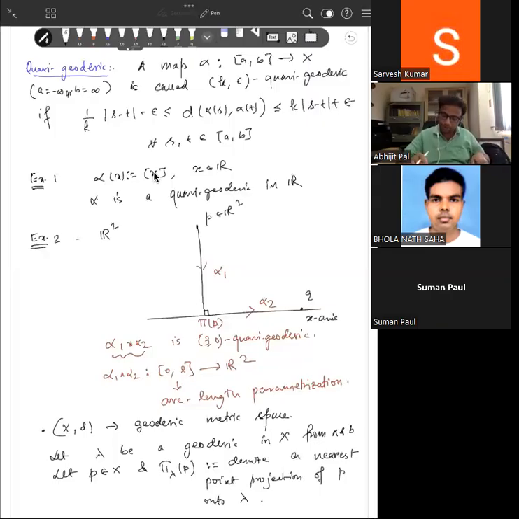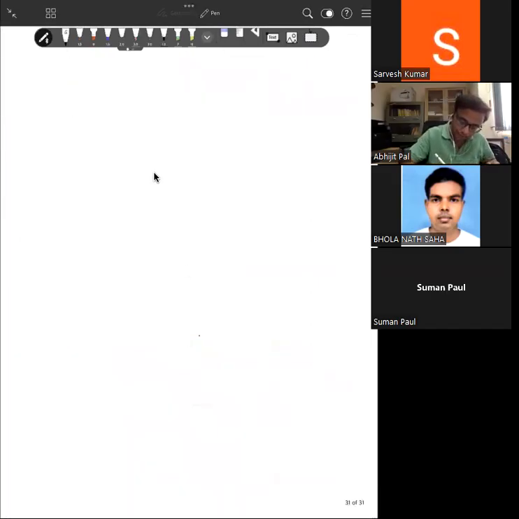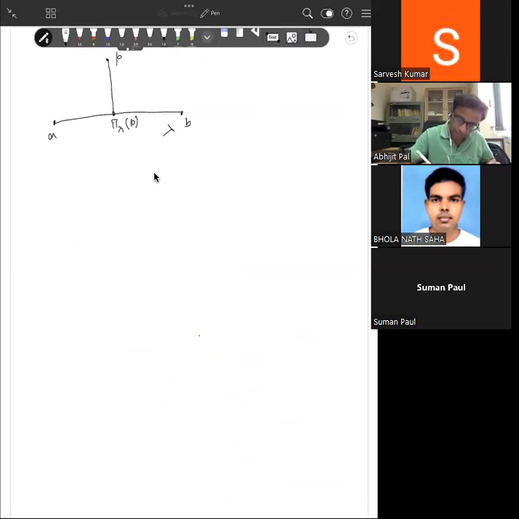Let me draw this diagram. This is my lambda from A to B, and I have taken this P. What is pi lambda of P?